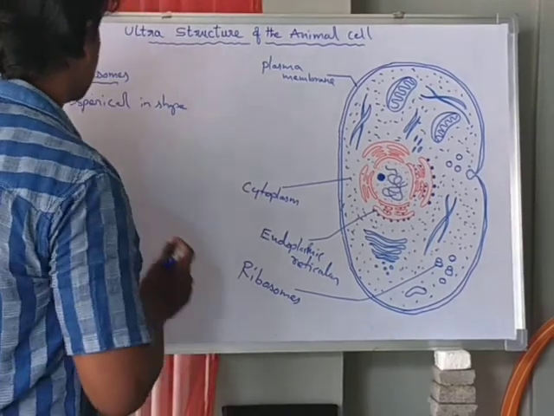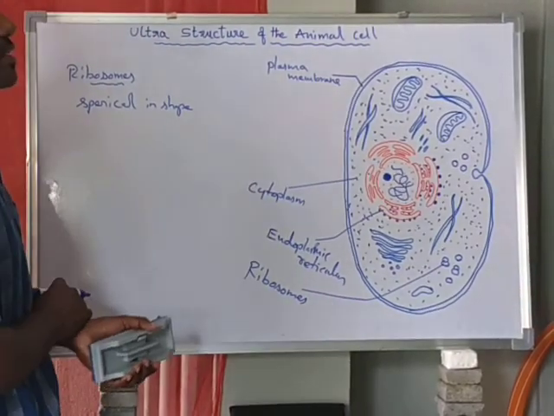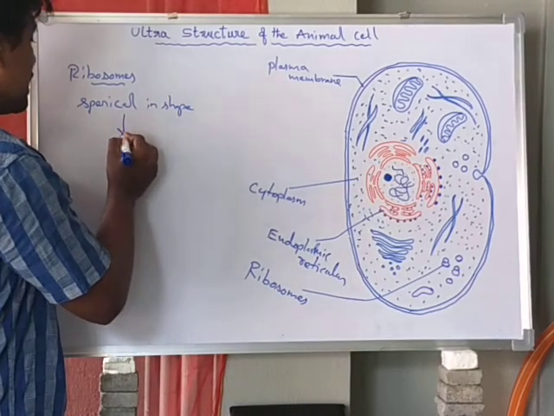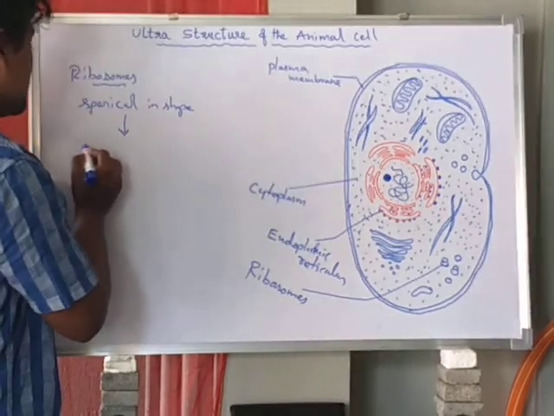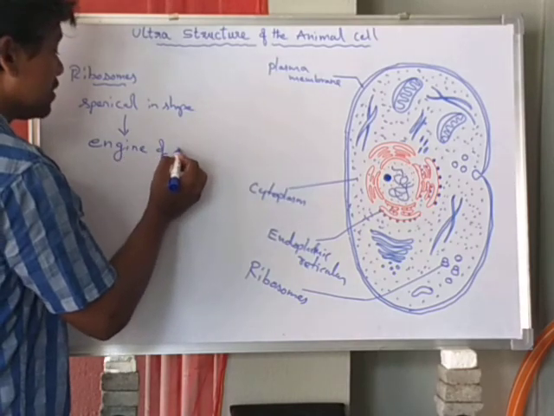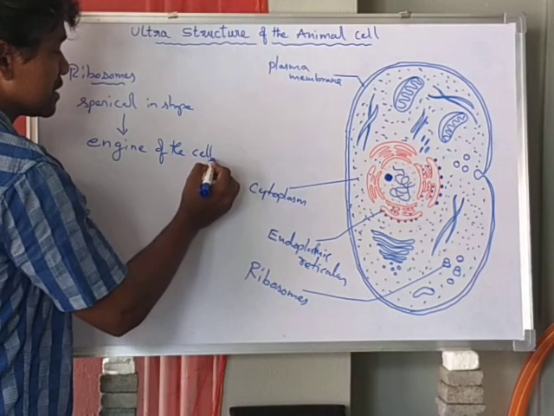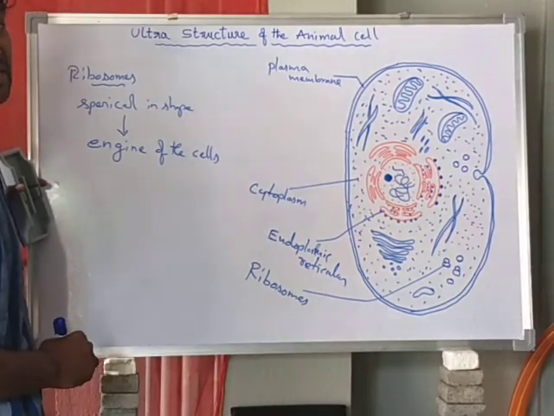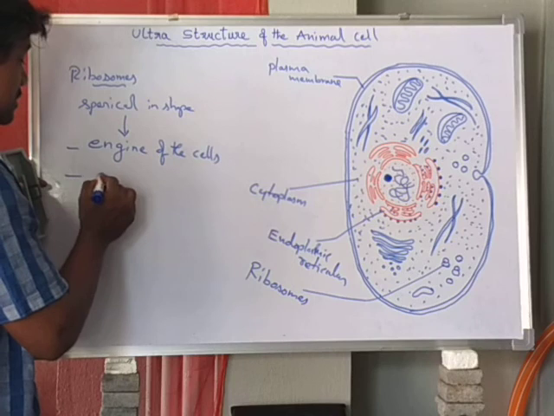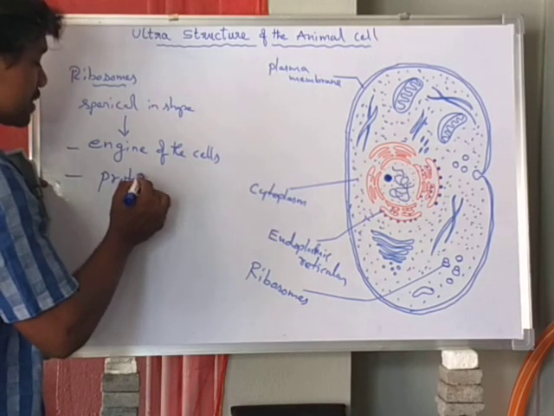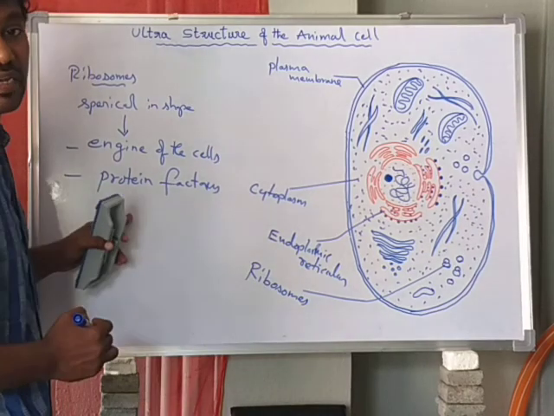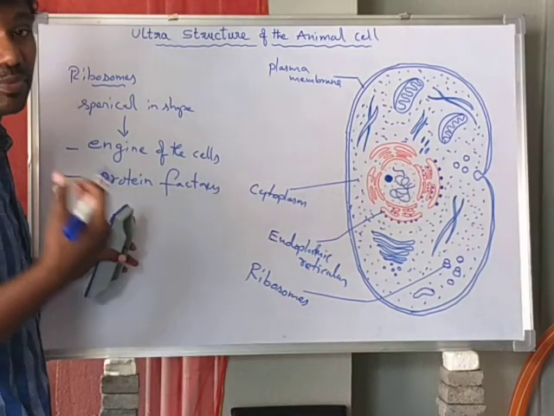Generally the ribosomes are described as engines of the cell. They are also called protein factories of the cell, that means they help in the synthesis of proteins.